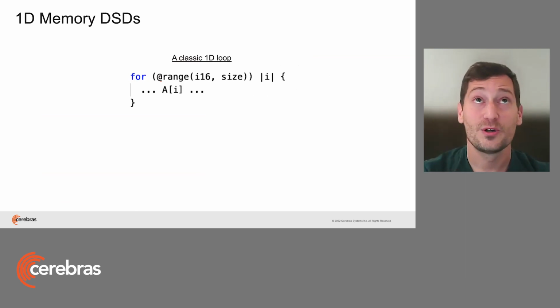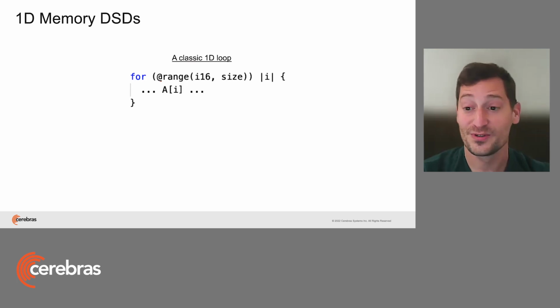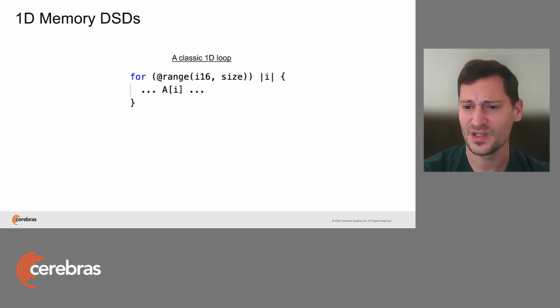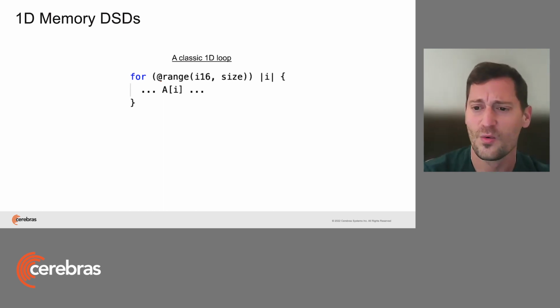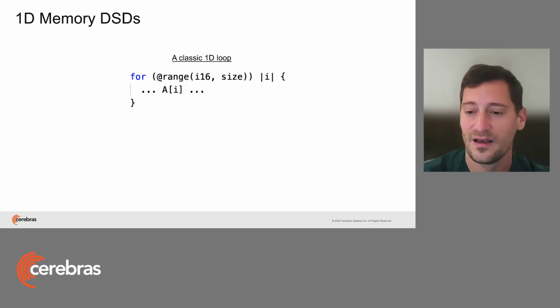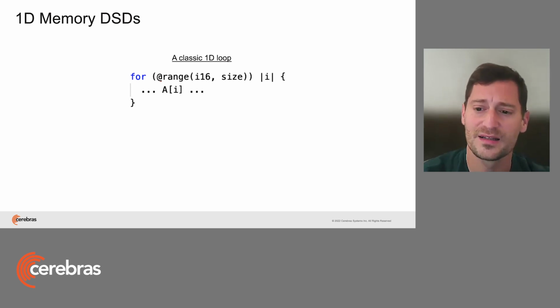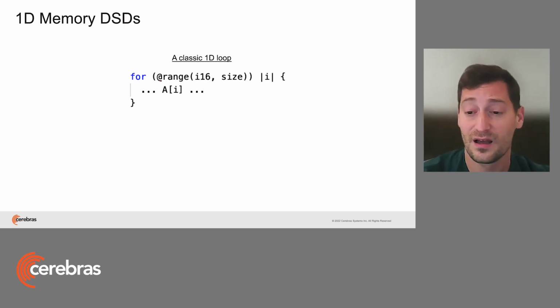When we talk about computation, one of the first things that comes to mind is loops. So here you see the syntax of a loop in CSL. This is a very simple one-dimensional loop from 0 to size - 1. And within that loop, we are accessing a memory buffer A. It doesn't matter if we read or write here.